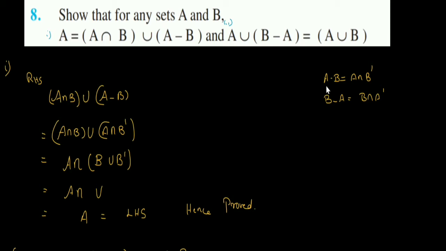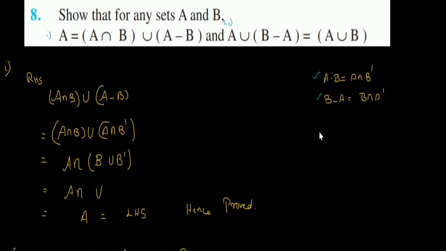Now we should know this. A minus B is also equal to A intersection B complement. You can remember it like this: A minus B is equal to A intersection B dash. Similarly, what will be B minus A? B minus A is equal to B intersection A dash.